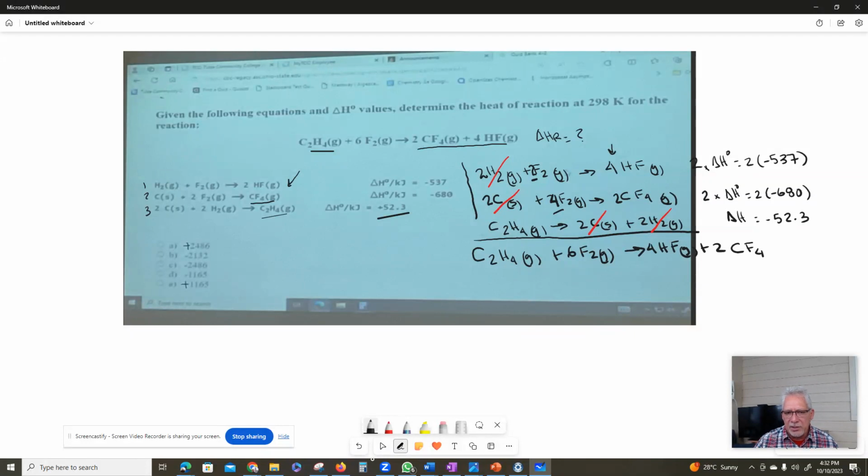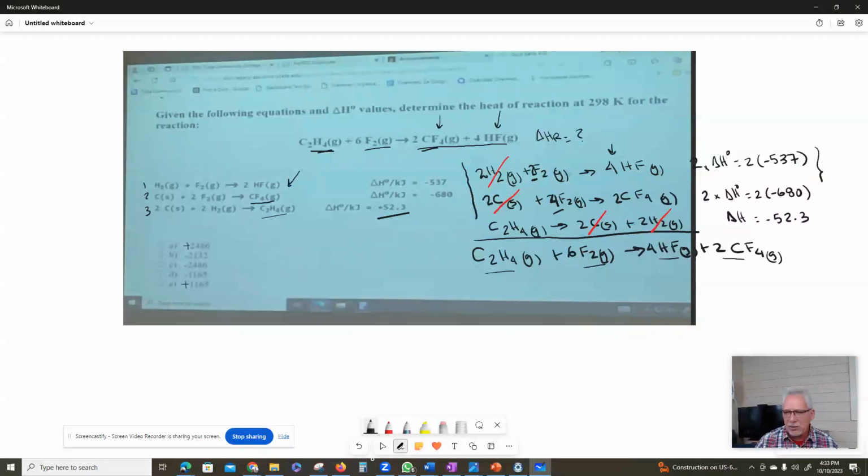And this one is matching, even though the order is not the same because I just changed the order. This is the reactant here, and this is the reactant in my overall reaction. For hydrogen fluoride, I have 4 hydrogen fluoride. For carbon tetrafluoride, I have 2 carbon tetrafluoride.